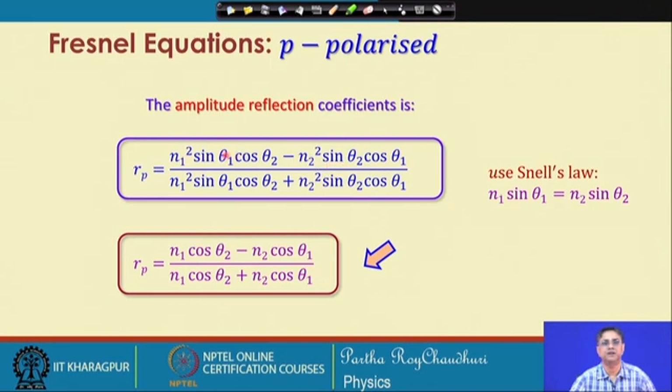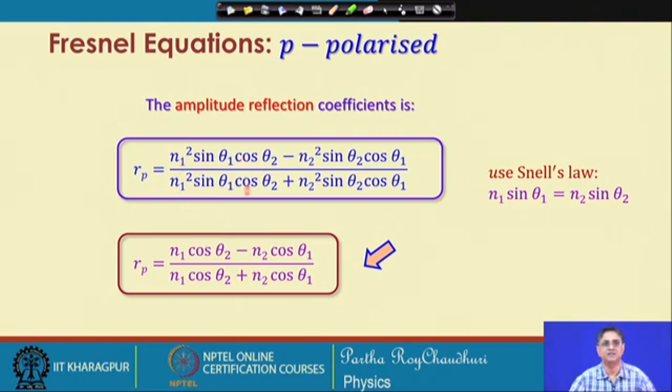So, we can take outside from this numerator one N 1 sin theta 1 or N 2 sin theta 2, and likewise from the denominator we can also take out one N 1 sin theta 1 or N 2 sin theta 2, and they will cancel.